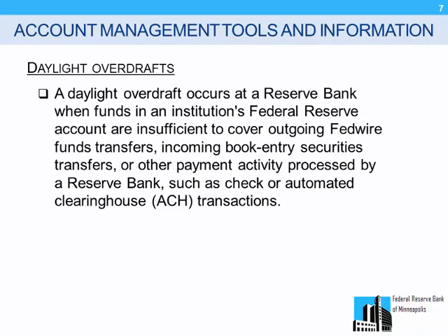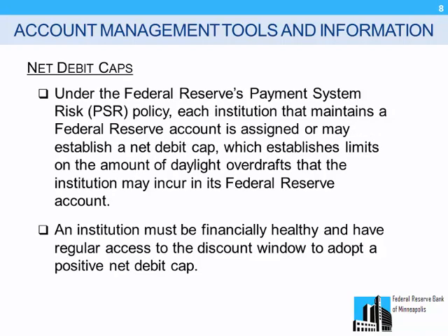So, net debit caps on slide 8. Under the PSR policy, every institution that has a Federal Reserve account is either assigned or may establish a net debit cap, and that's what determines the limit of intraday credit that the institution can use. An institution must be financially healthy and have access to the discount window in order to adopt a positive net debit cap.